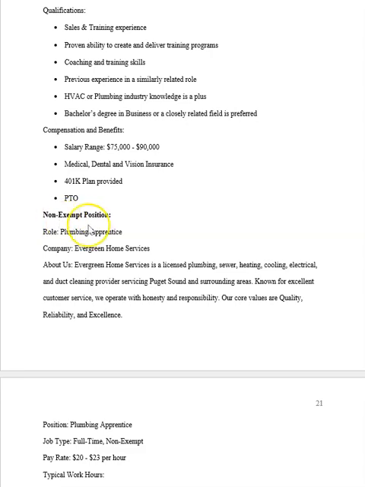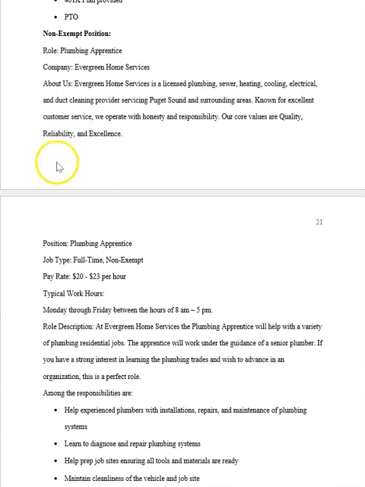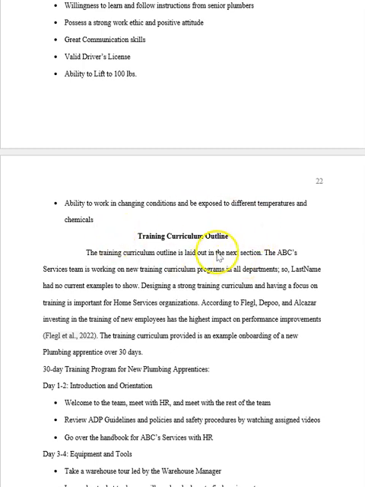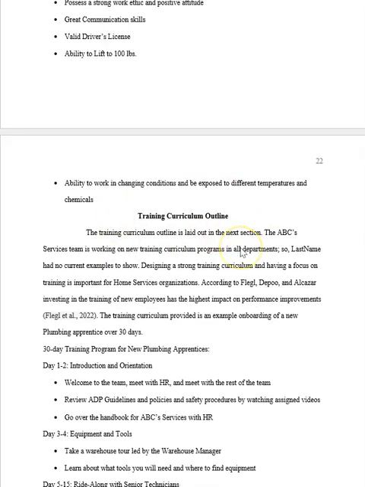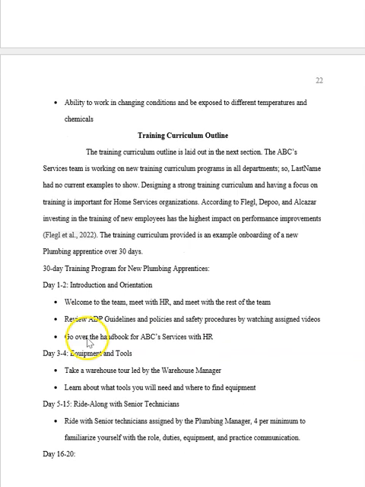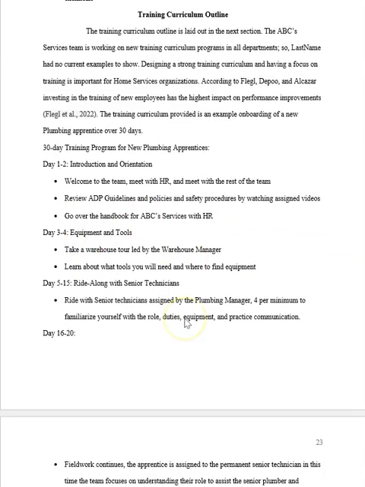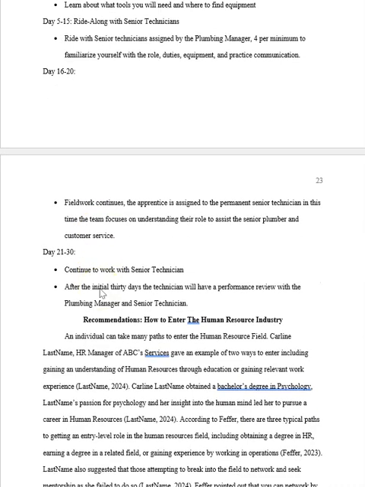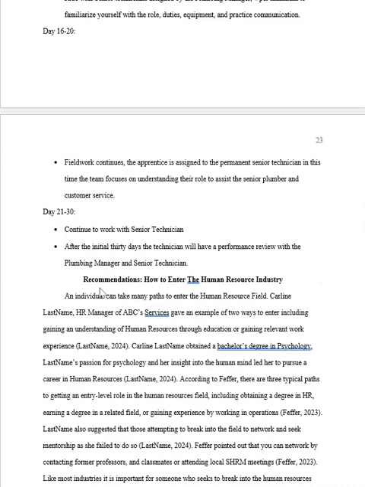But these could be level 2 headings, which are properly done, left justified, and then training curriculum outline. So make sure you take a look at what this person did. They outline the timing and the days. I thought they did a really nice job, very thoughtful. Does it make sense? That's the question.